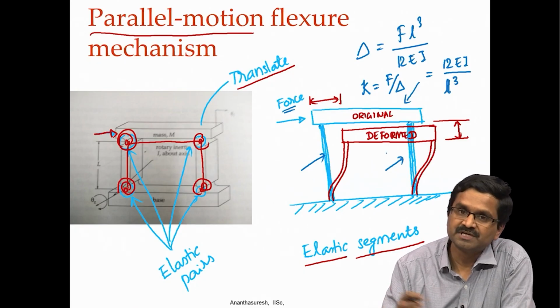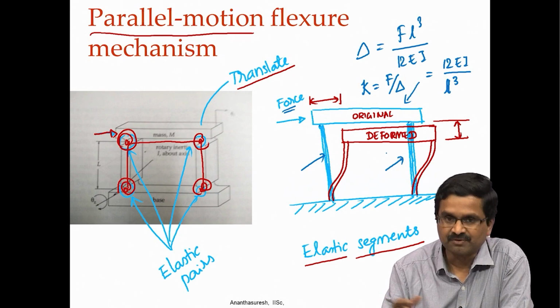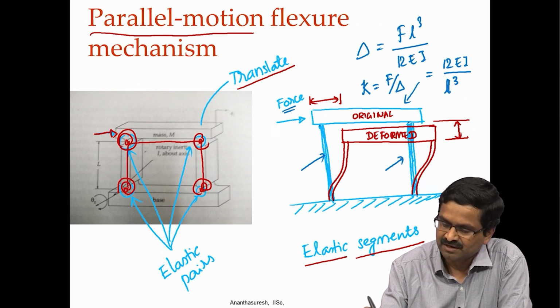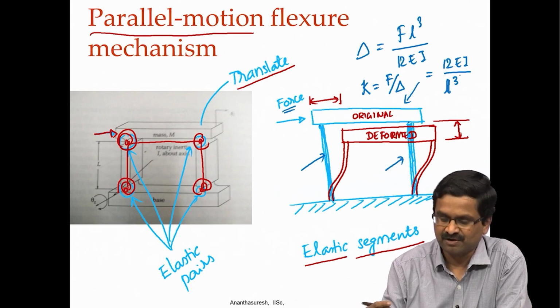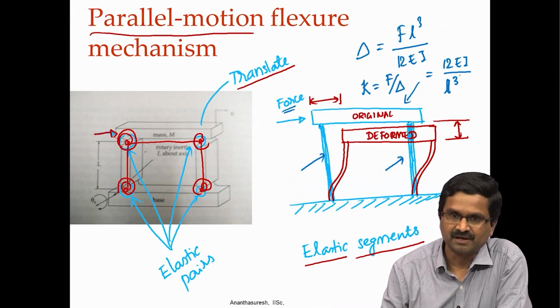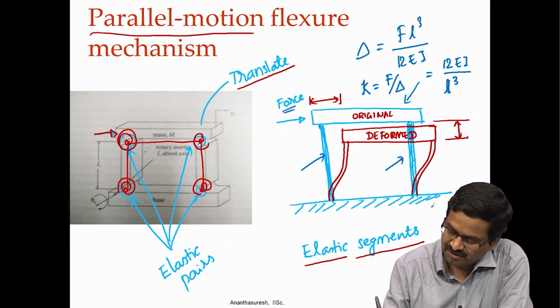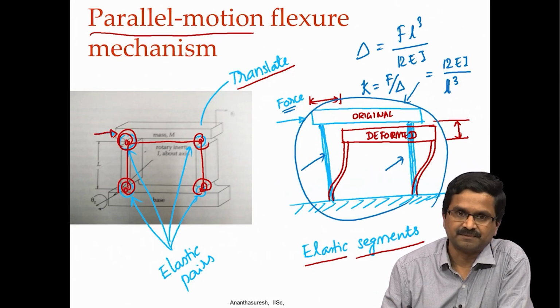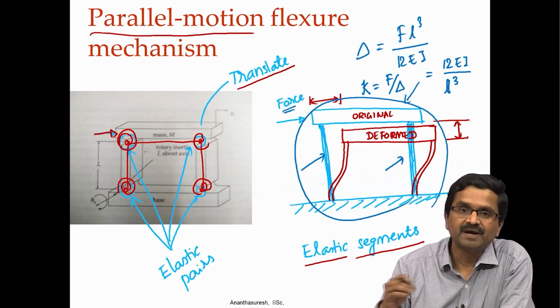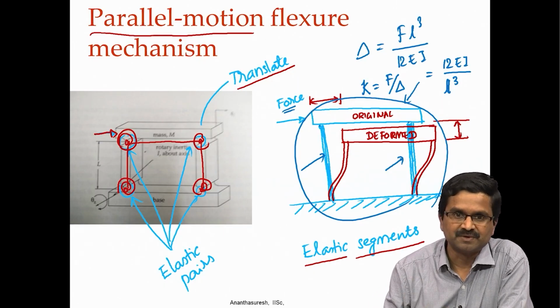So, you have two beams in parallel, so you have to add the spring constants: 12 E I by L cube plus another 12 E I by L cube, we get 24 E I by L cube. Once you have the spring constant for the overall beam, for a given force you can get delta. This is how you can do it by hand for small displacements.